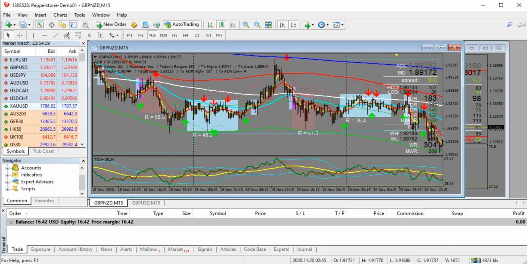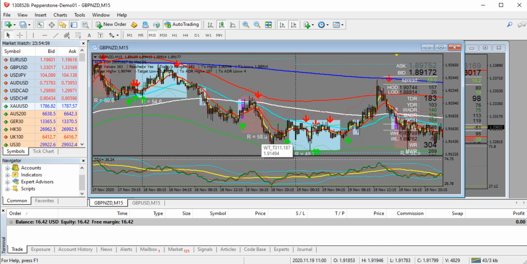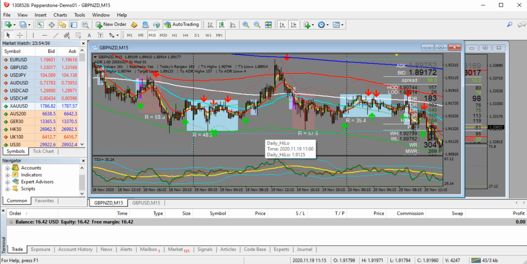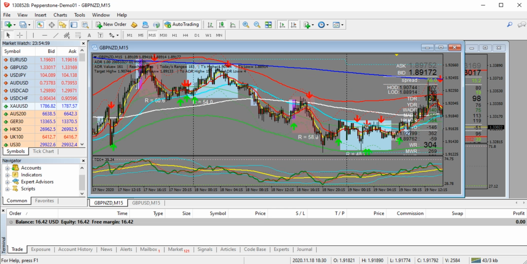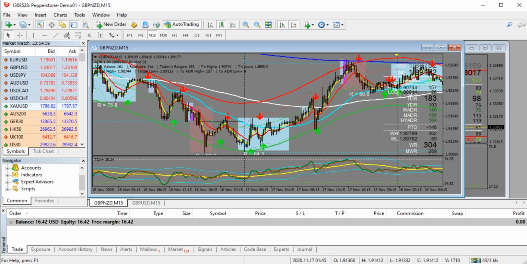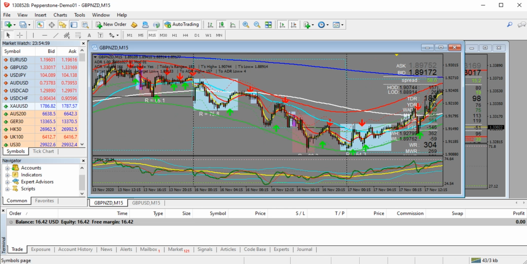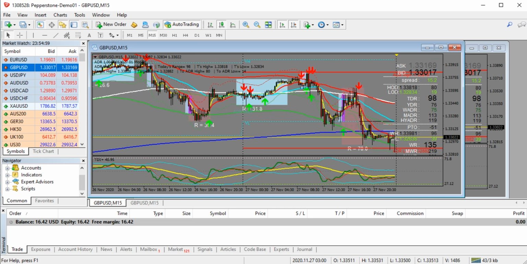It's not price action trading at all, it's more of price patterns, how you look at things. We're going to be looking at mostly GBP pairs, because they move pretty well.